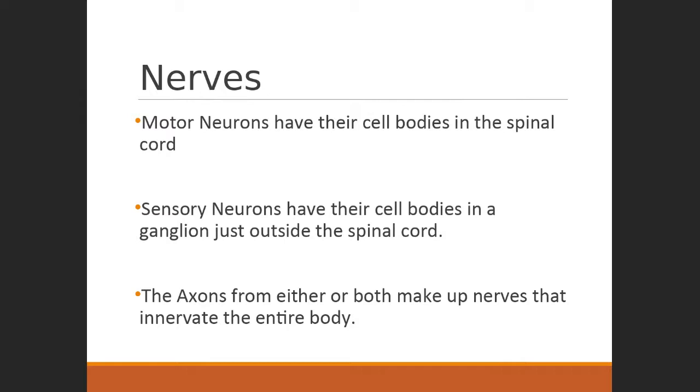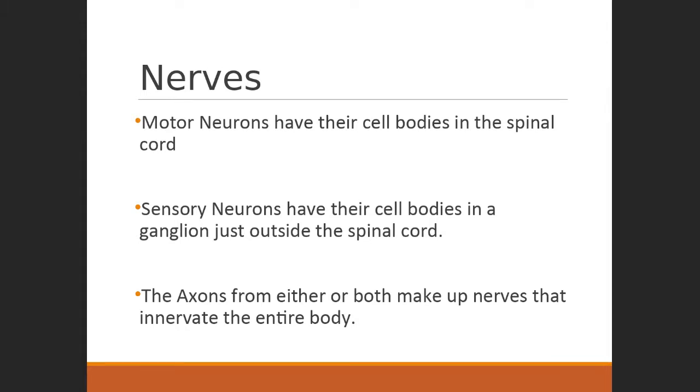Now, depending on if we're talking about a sensory neuron bringing information into the central nervous system, or a motor neuron carrying information out, will depend on where the cell body of that neuron sits. And it's hard to describe those right now because we haven't talked about the spinal cord. But we'll refer back to this again in a little bit.